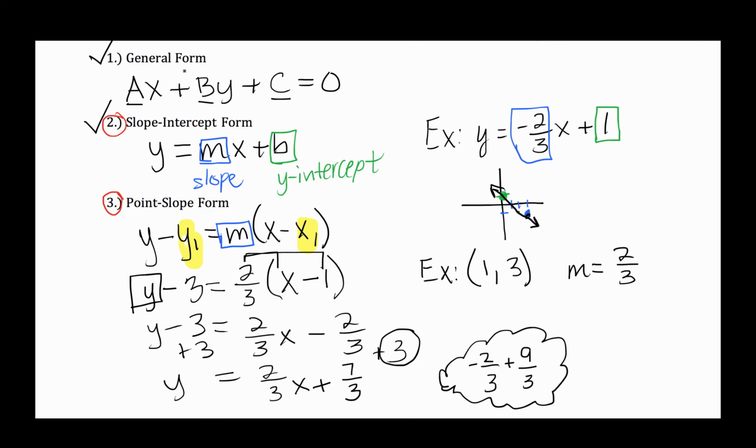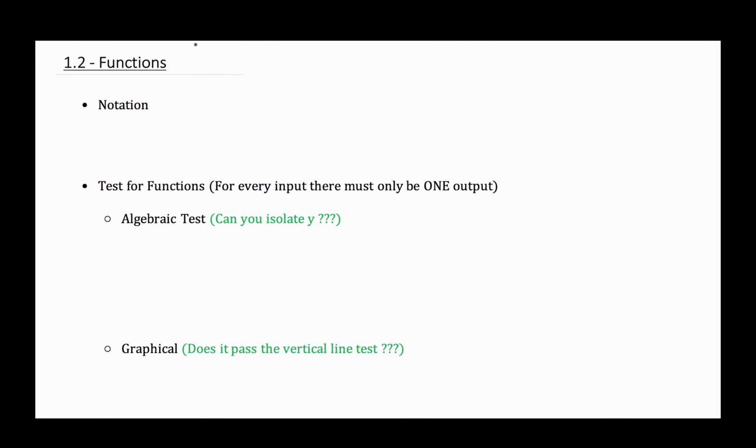Let's move on to section 1.2. Functions. There was a whole lot of information about functions. First and foremost, the notation that you've learned is f of x. We read this as a function of x.